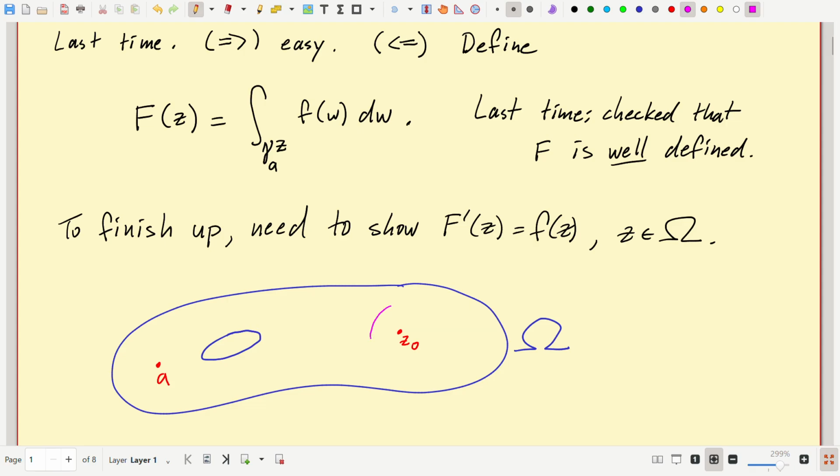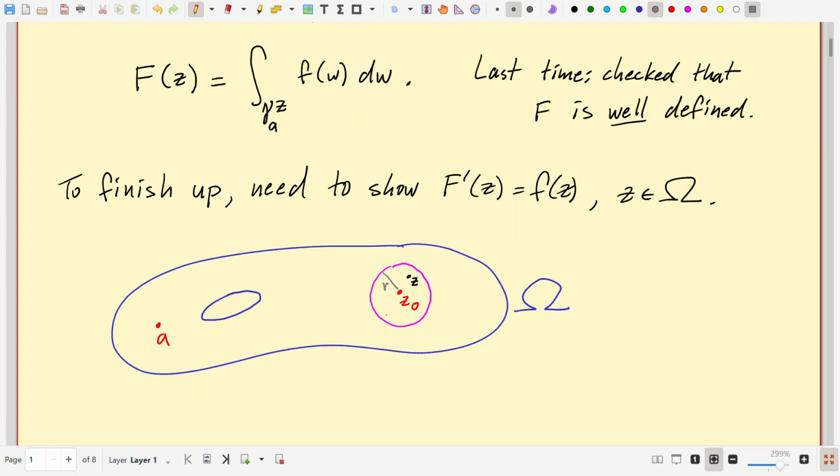Let's make a little circle about this z naught, and I want to take a difference quotient about this point z naught. Here's a z. And let's call the radius of this little r.